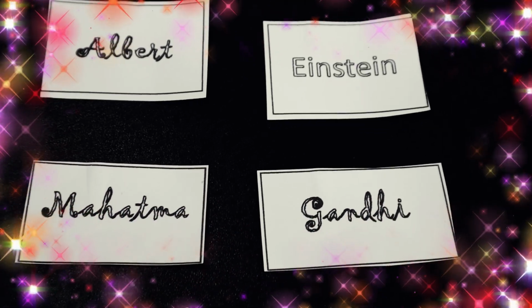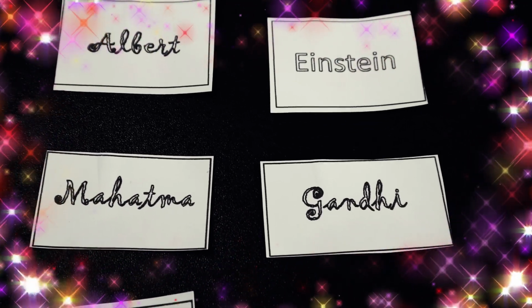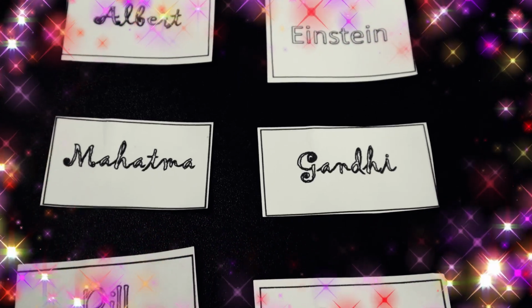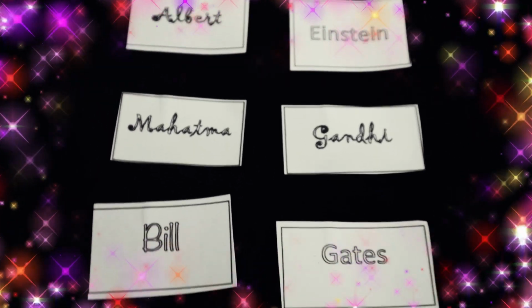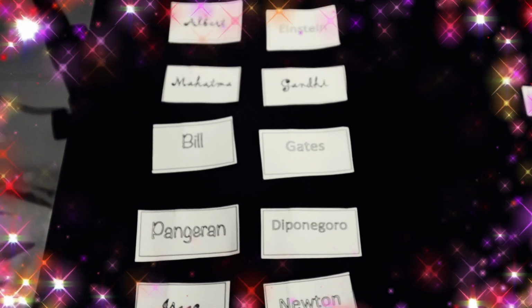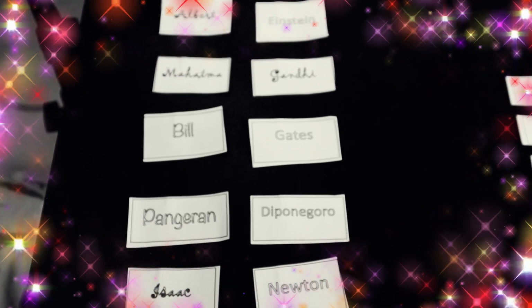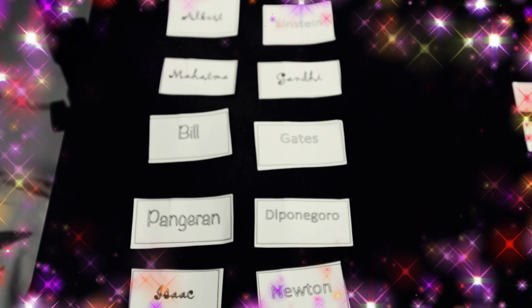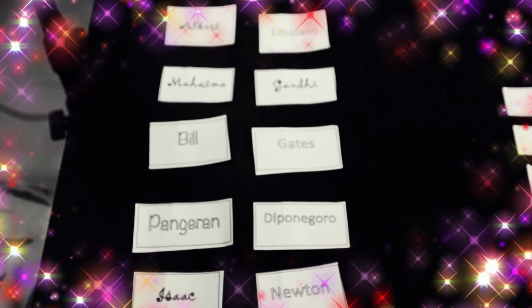When they find the correct pair, they become a pair. So here there are 1, 2, 3, 4, 5 pairs, so this is for 10 students. If you have 14 students, you need 7 pairs. If you have 20 students, you need 10 pairs.